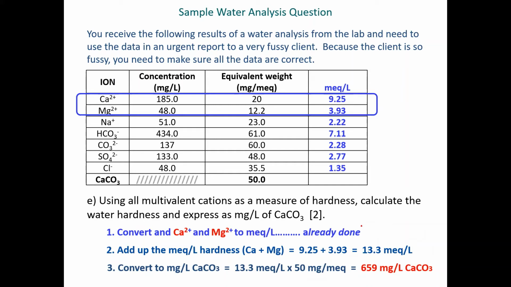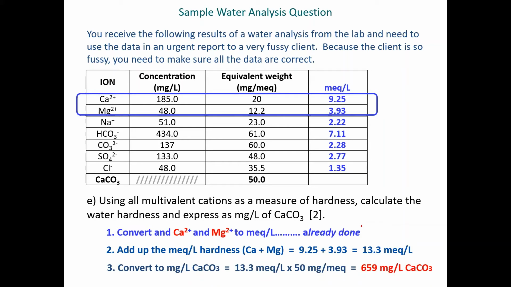So sometimes I will write down 13.3 milliequivalents per liter hardness, right? Meaning we've added up the calcium and magnesium. And so we need to convert back to milligrams per liter. So you multiply it by the equivalent weight, and that's going to give us 659. So that's some pretty hard water, actually, right? That's a lot harder than what you'd see in normal tap water, anyway.